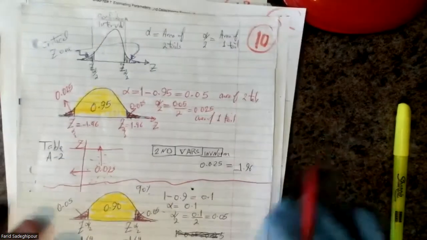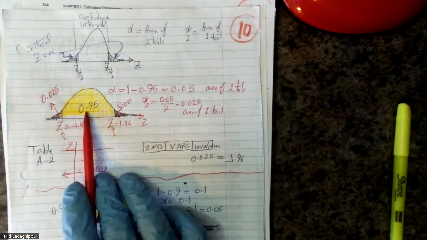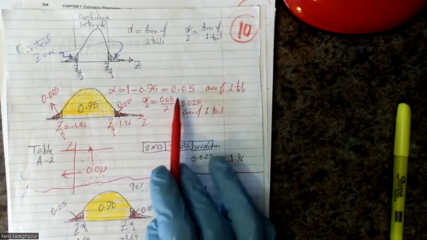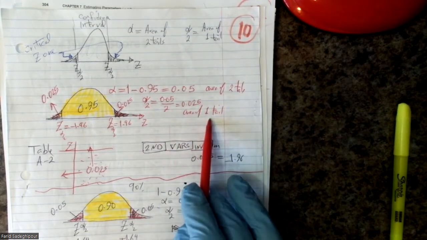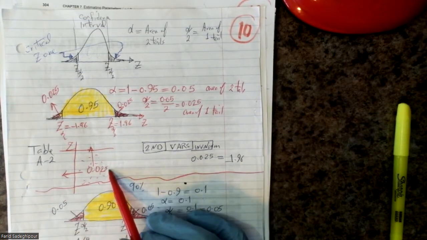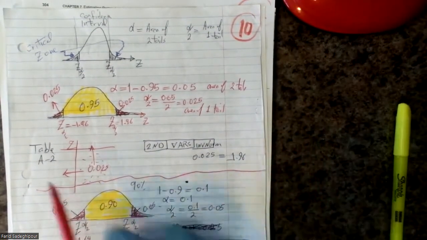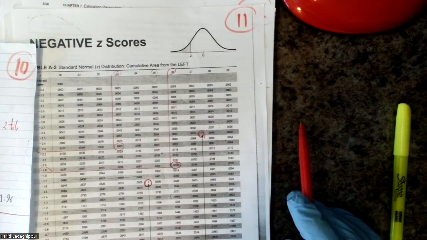These are some examples. For 95%, we subtract from 1 and divide by 2. The area of each tail is 0.025. So if you want to use table A2, you just go and find that area.